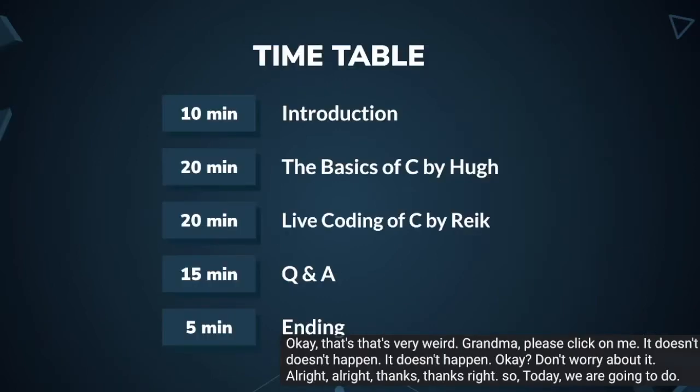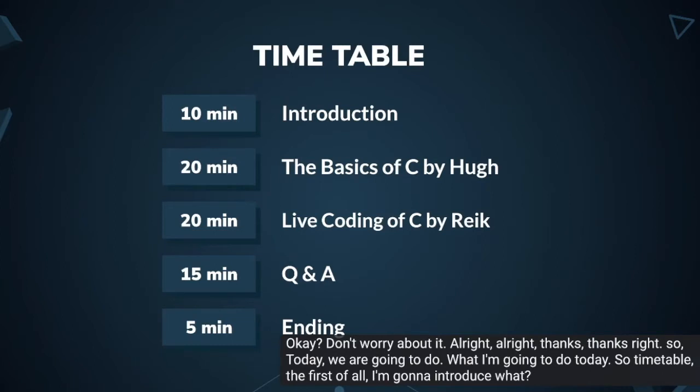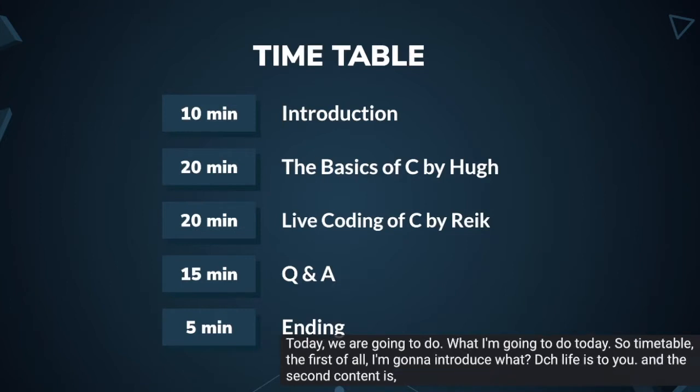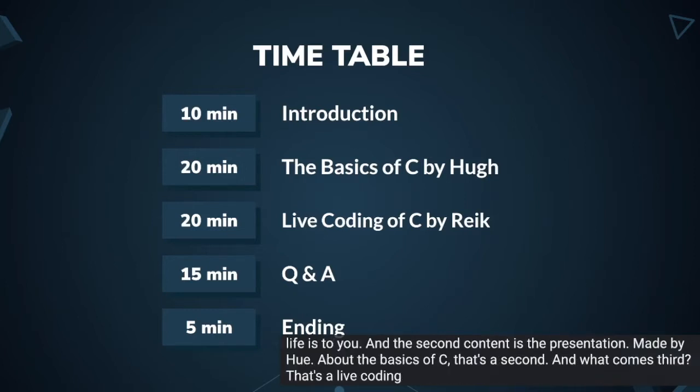Now, what are we going to do today? So, timetable. First of all, I'm gonna introduce what DCH Live is to you, and the second content is the presentation made by Hugh about the basics of C. That's the second. And what comes third? That's a live coding of C by Reik.